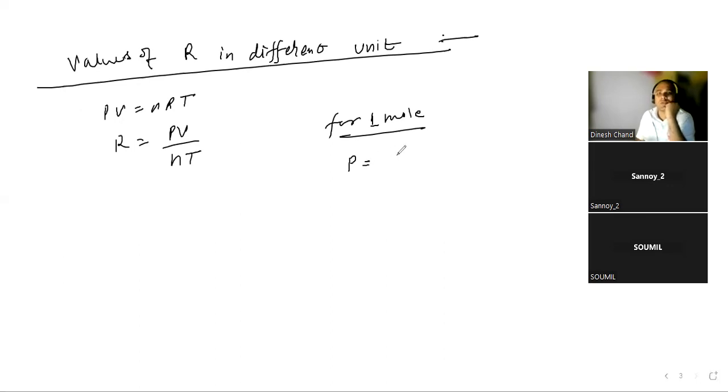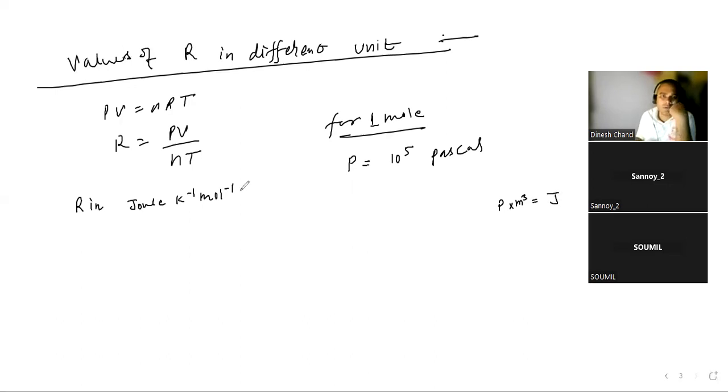P is equal to 10 power 5 Pascal. I am calculating R in joule per kelvin per mole. Pascal times meter cube is joule.